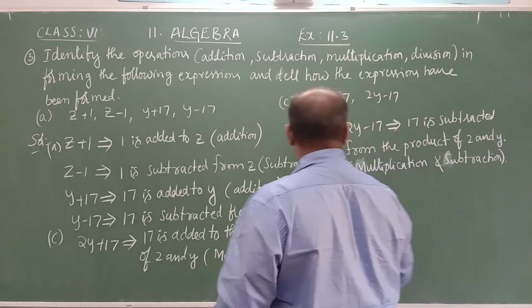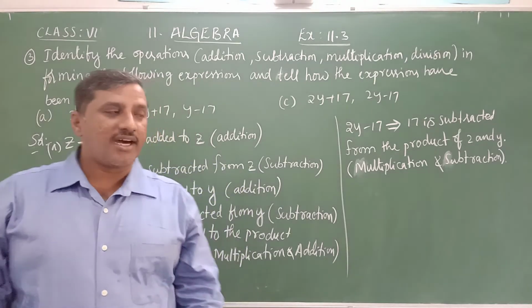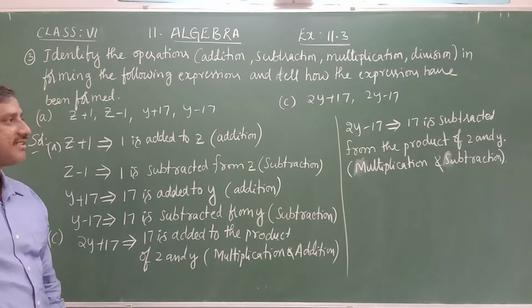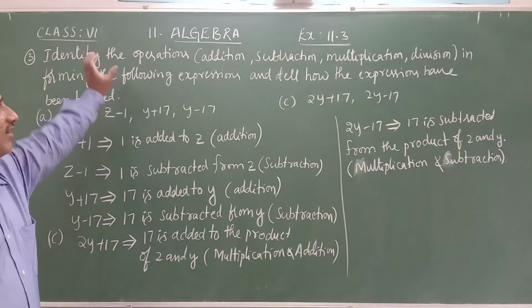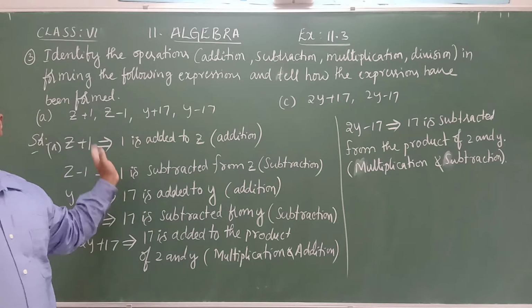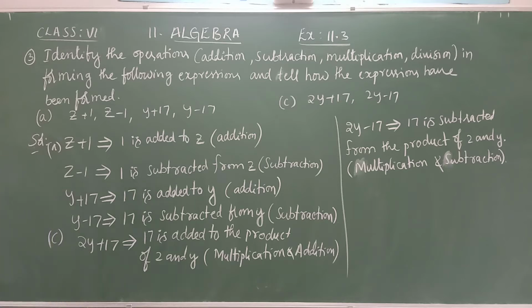Multiplication and subtraction. So we found the arithmetic operations in 2y minus 17 as multiplication and subtraction. Like this we can identify the arithmetic operations in the given expressions.